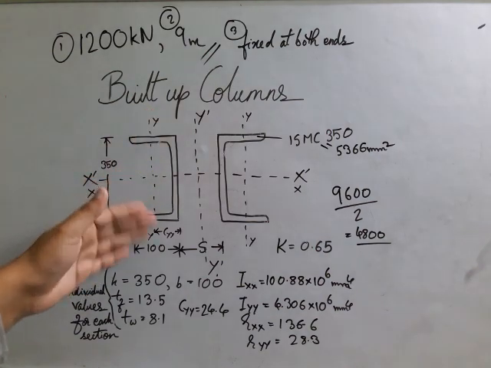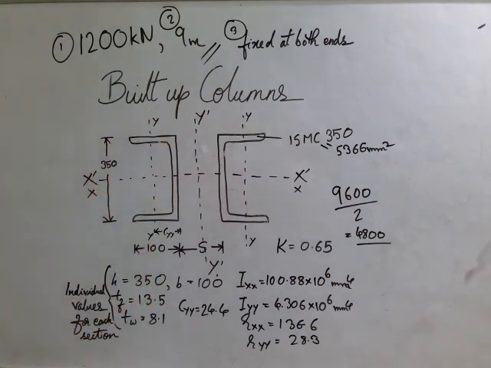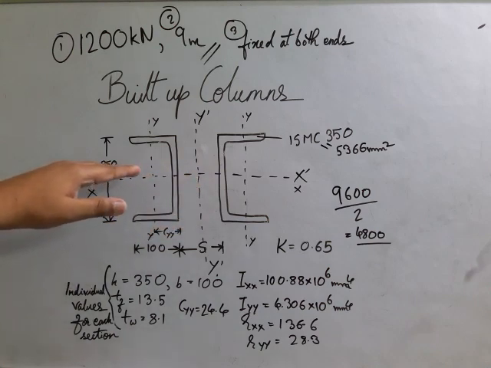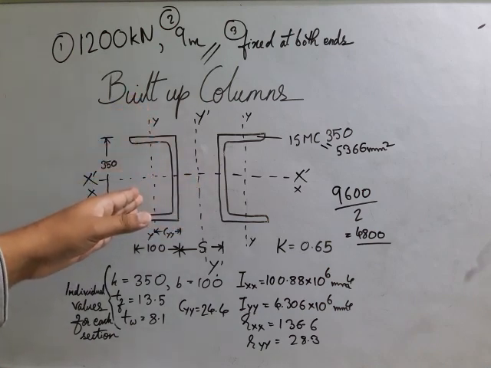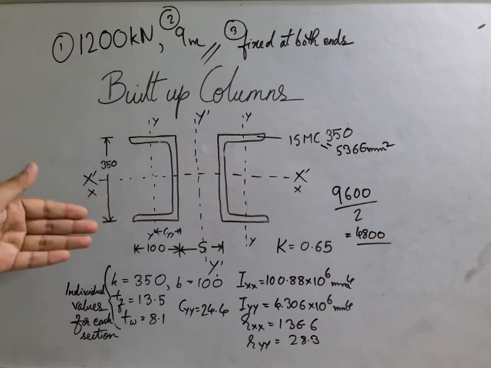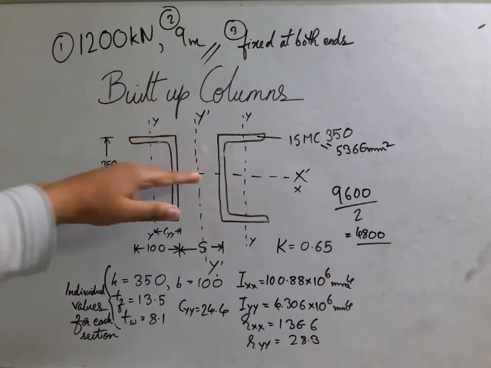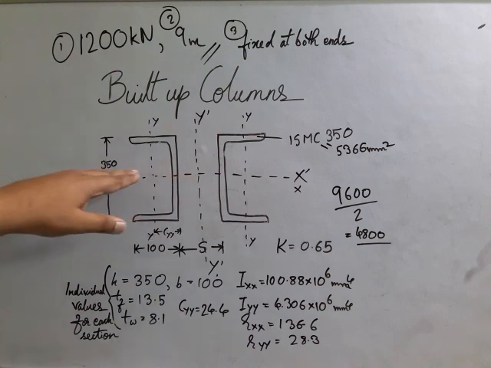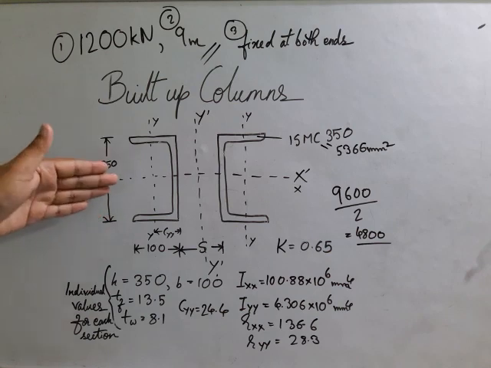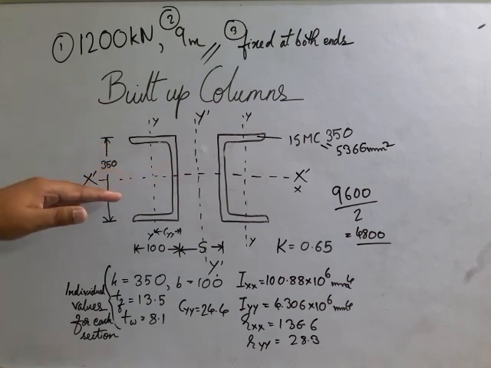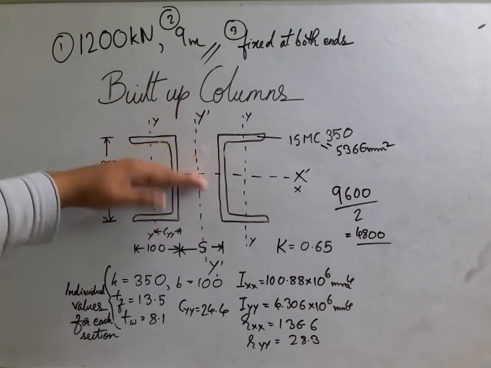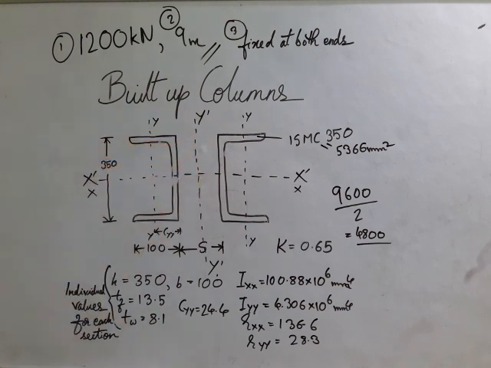If Ixx had been lesser than Iyy, then we could say that this section is weaker about x, and it would have rotated in this manner about xx.